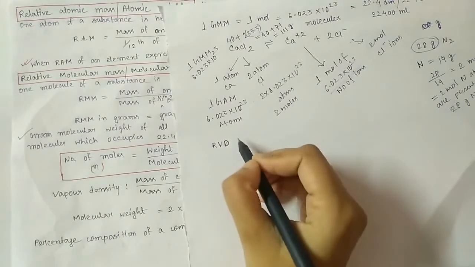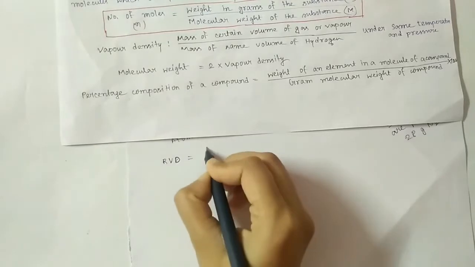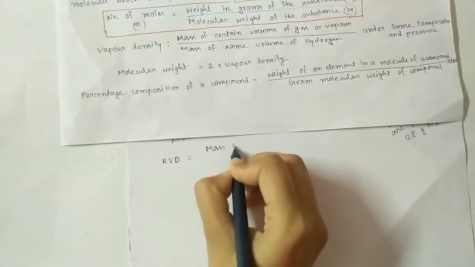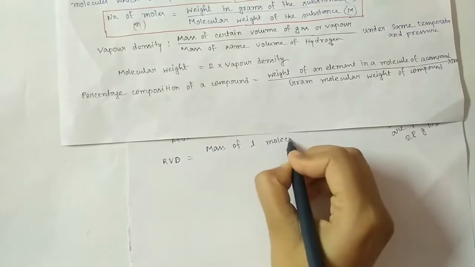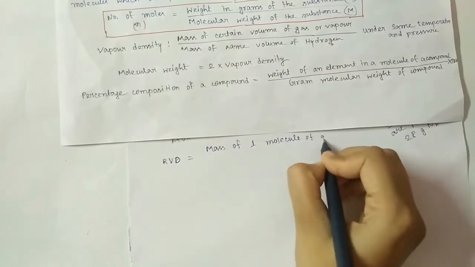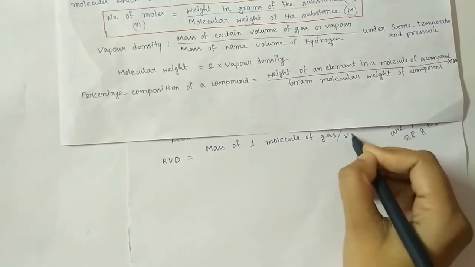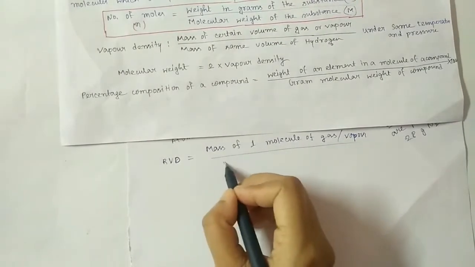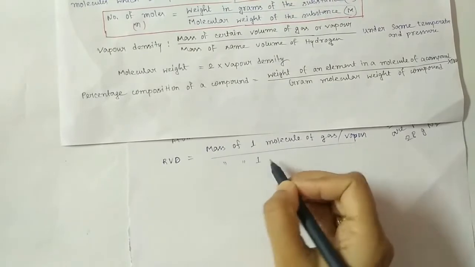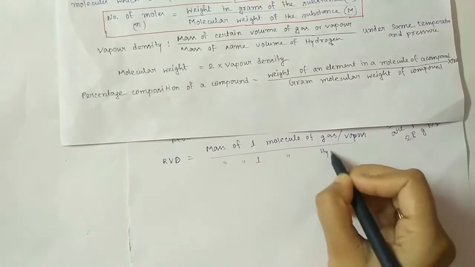Hence, we can write the formula as mass of one molecule of gas or vapor by mass of one molecule of hydrogen.